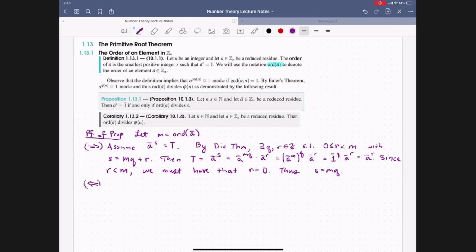The converse is quite easy. So for the converse, we now suppose that m, which is the order, divides s. Then we can find some integer k such that s is equal to m times k.